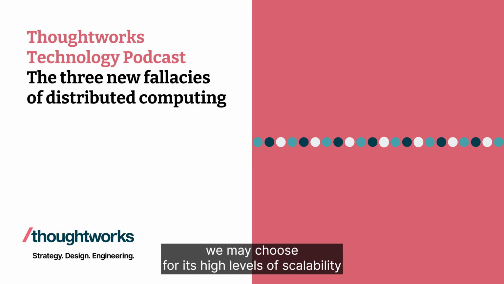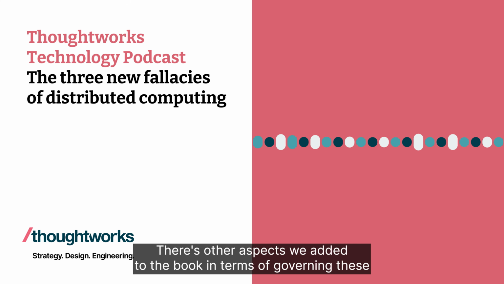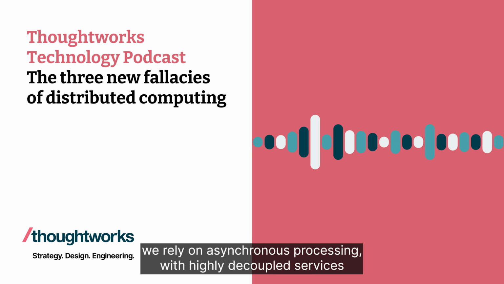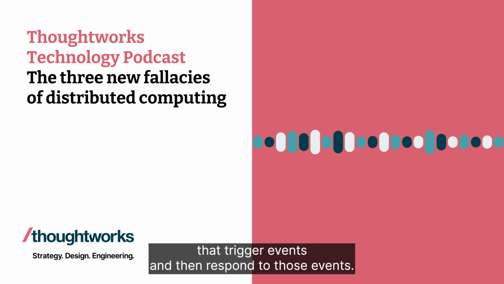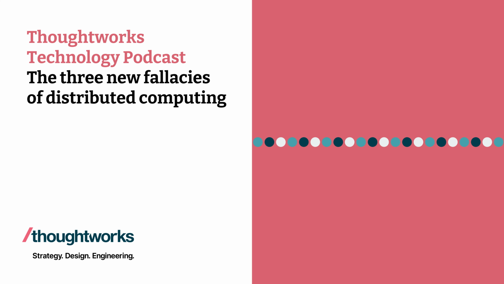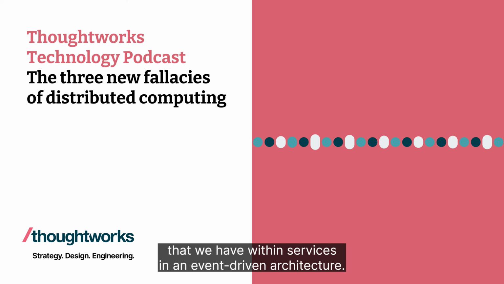We may choose event-driven architecture for its high levels of scalability, fault tolerance, and responsiveness, as I mentioned before. But there are other aspects we added to the book in terms of governing these kinds of architectures. With event-driven architecture, we rely on asynchronous processing with highly decoupled services that trigger events and then respond to those events. One of the things we can actually measure and govern is the amount of static coupling we have within services in an event-driven architecture.